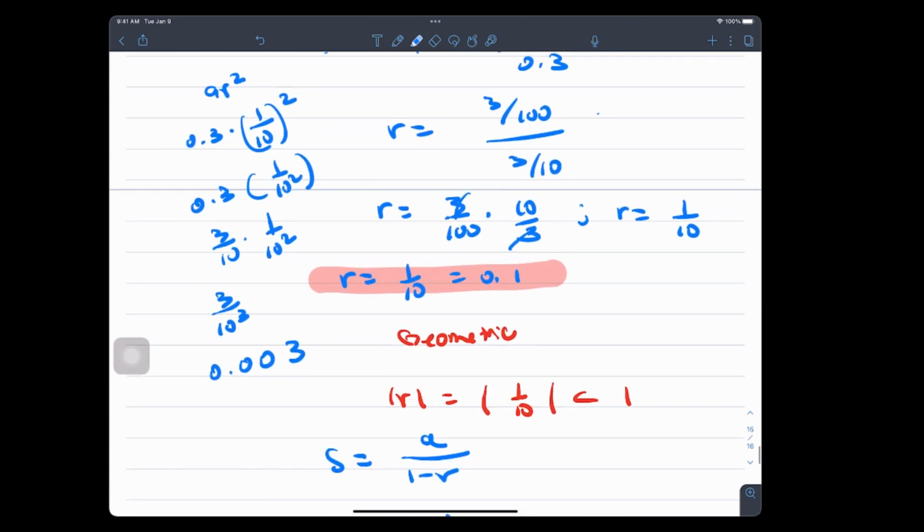Now, I want to introduce you guys to another idea that's going to be extremely important here. I'm going to write it down this way. We don't only deal with geometric series.